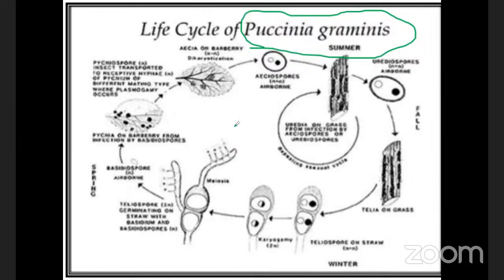It has two hosts, primary host and secondary host. There it is happening. You see, phragmobasidium, teleospore, probasidium are forming, mating and forming the aeciospores, pycnospores. It is happening because there is a variation in the sexual hormone.